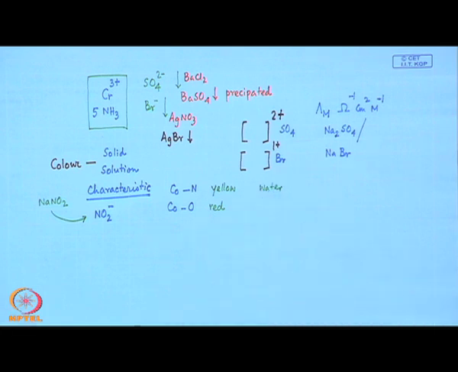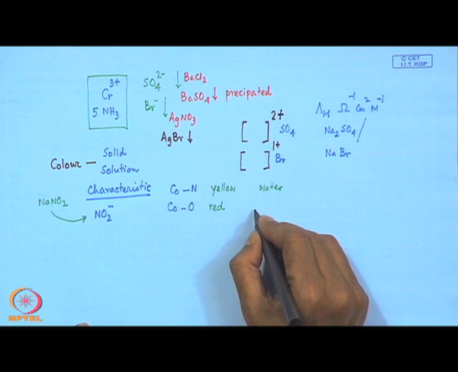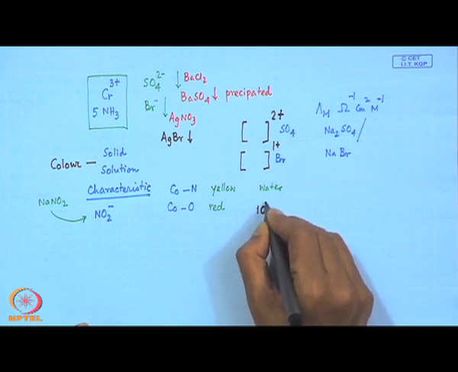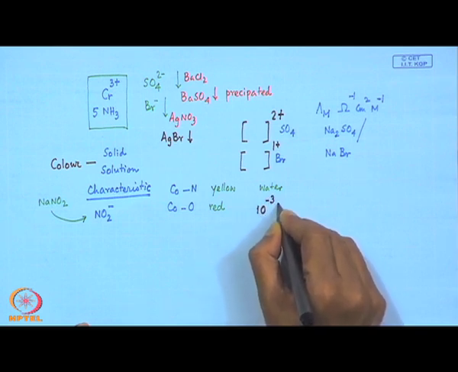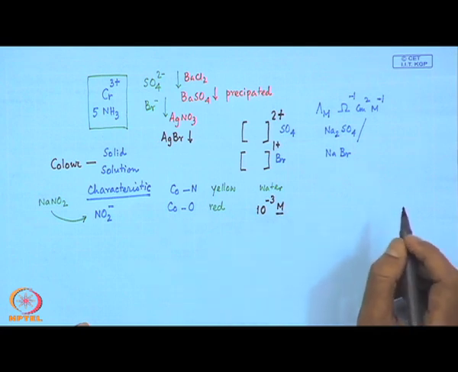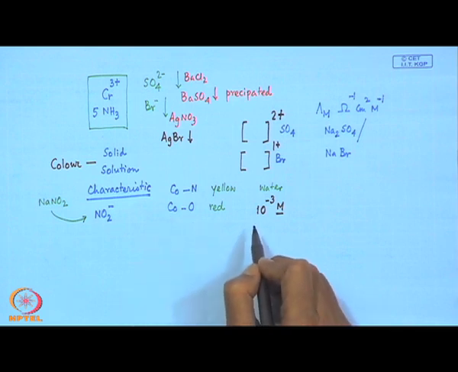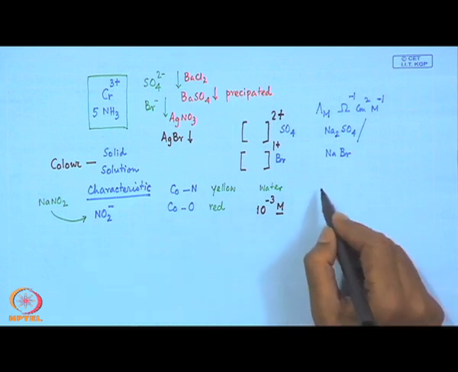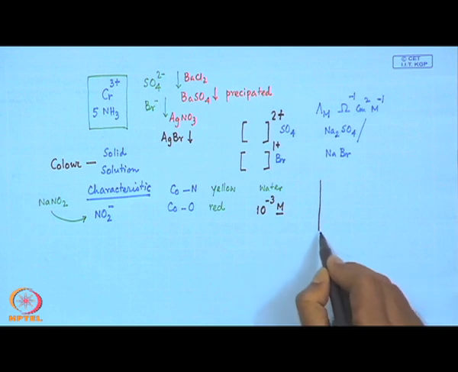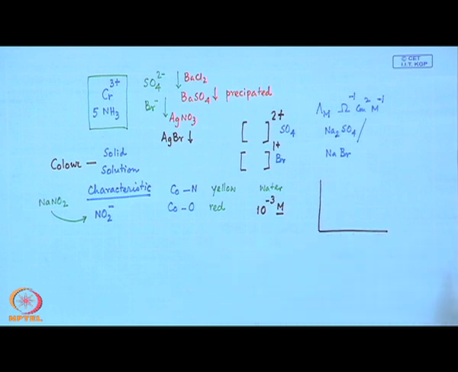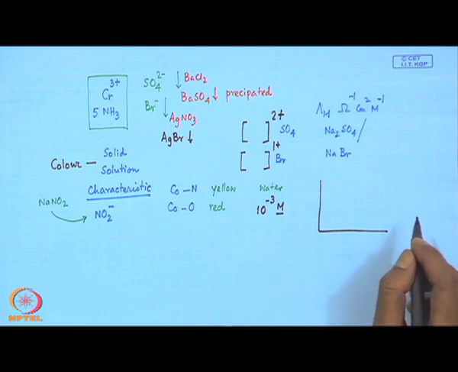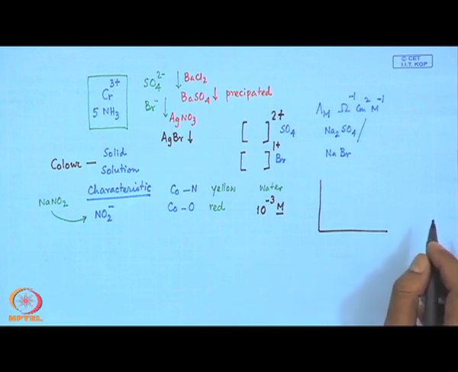So, if we can have the corresponding solution in water, and if we are able to make a solution of say 10 to the power minus 3 molar, that means a millimolar solution, of these compounds, then we can monitor the corresponding electronic absorption, which we will talk about in detail afterwards when we talk about the spectroscopy of these compounds.